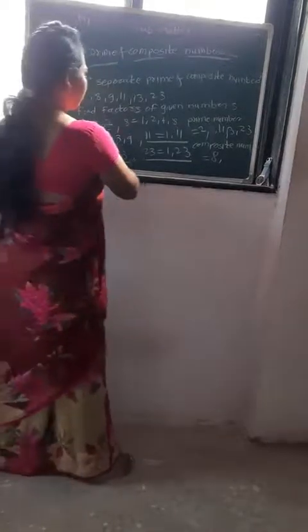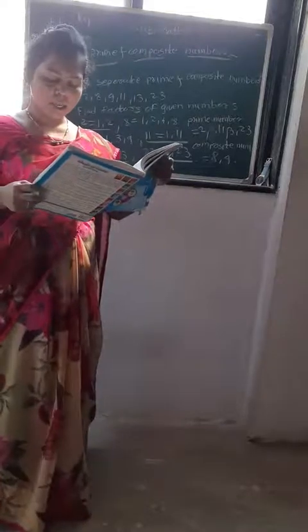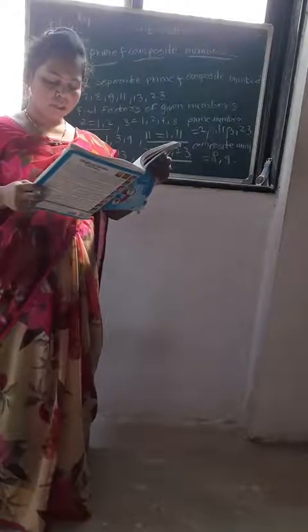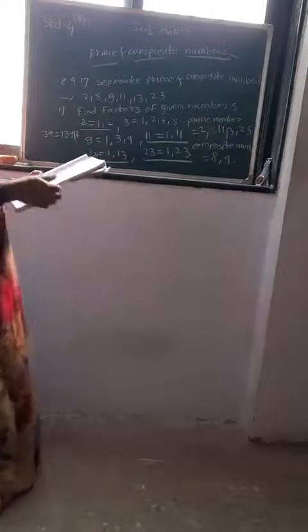So 8 and 9 are composite numbers. Next, the second example is write 30 as the sum of 2 prime numbers. 30 is equal to 13 plus 17. Then 13 and 17 are prime numbers.